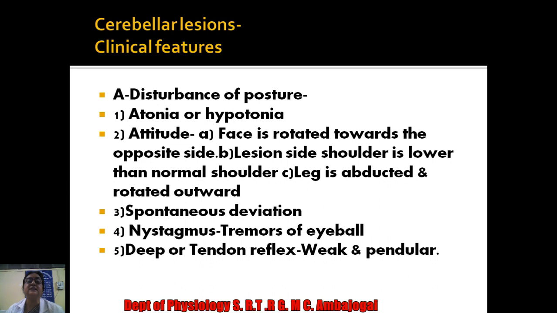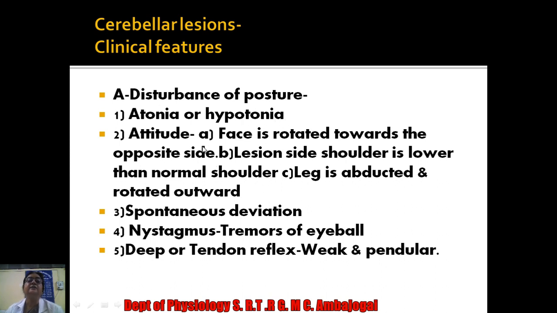So atonia or hypotonia might be due to the loss of this first facilitatory or excitatory signal from the cerebellum while doing the movement, and that is causing the atonia or hypotonia on the ipsilateral side.